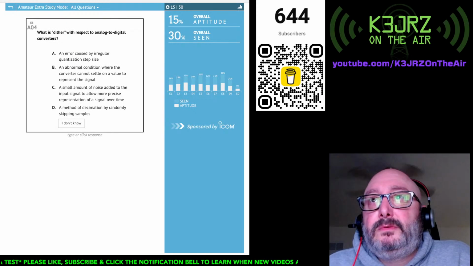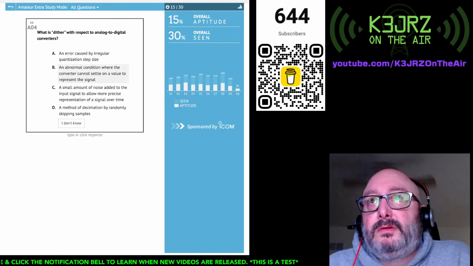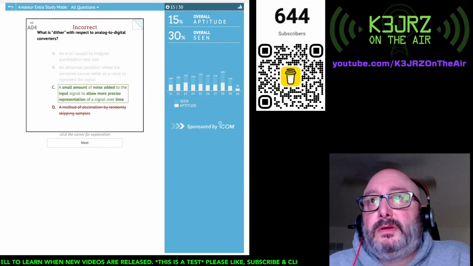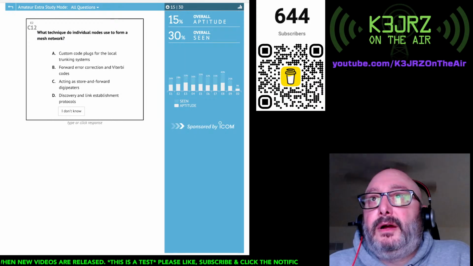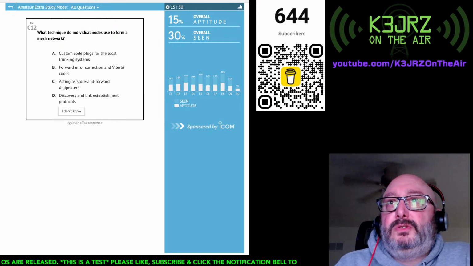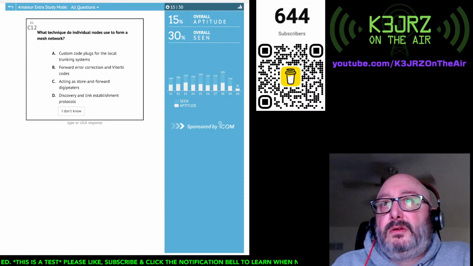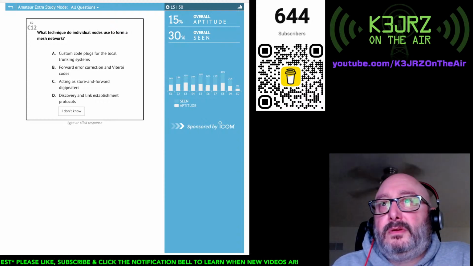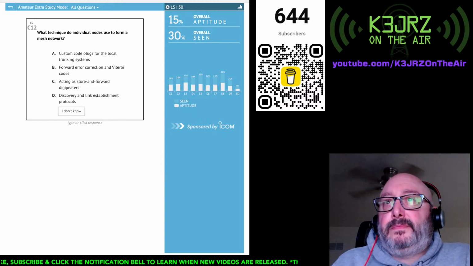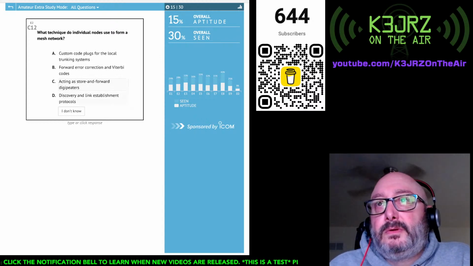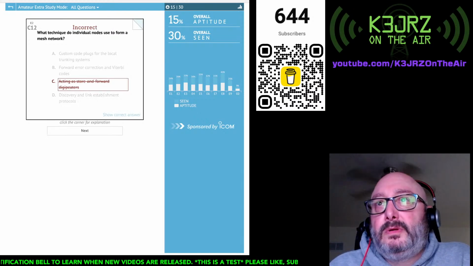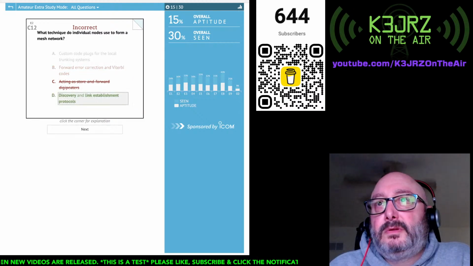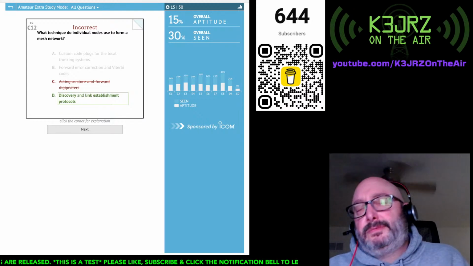What is dither with respect to analog to digital converters? What technique do individual nodes use to form a mesh network? Discover and link establishment protocols.